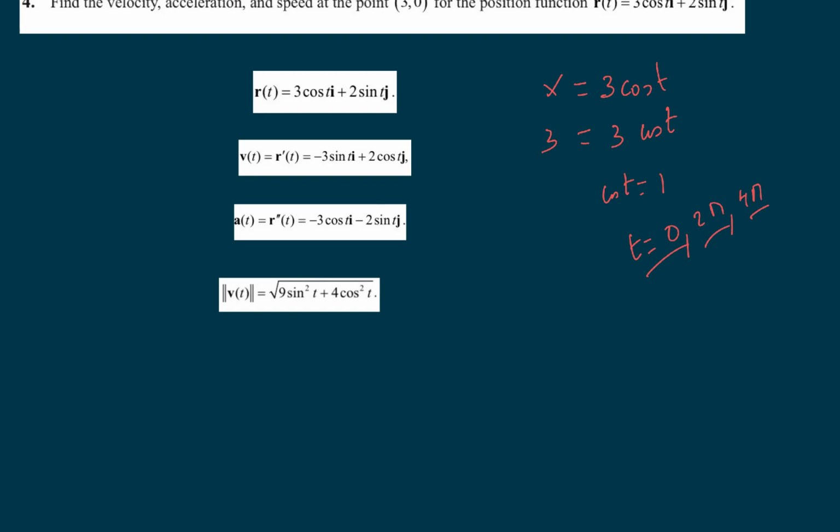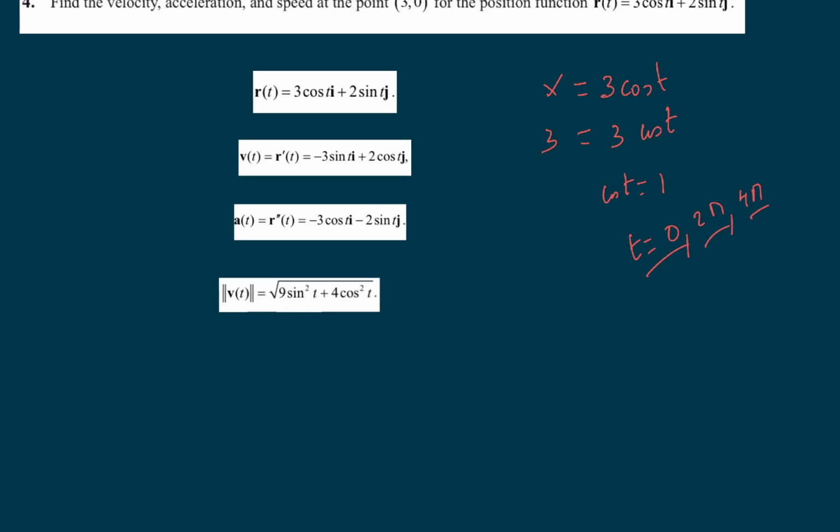The magnitude of the velocity is the square root of the components of the vector velocity squared: 3 squared sine squared of t, 3 squared is 9, so 9 sine squared of t plus 4 cosine squared of t. So the magnitude of the velocity is changing. It depends on t.